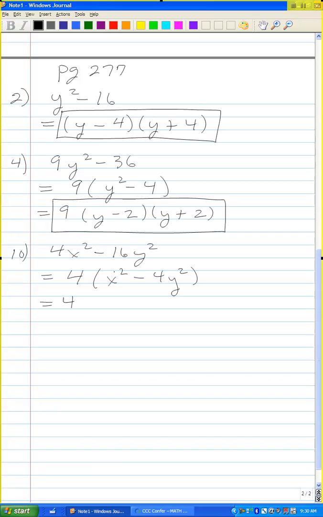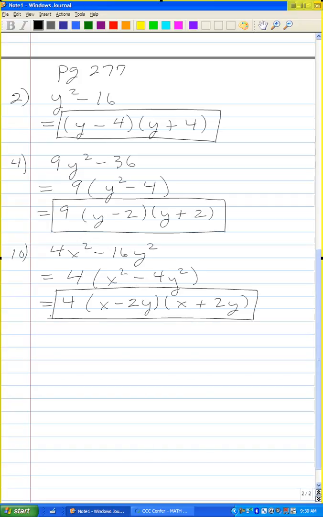And so I can write this as the difference of squares. The square root of x squared is x. The square root of 4y squared is 2y. Times, well, the same thing except change the minus to a plus. Let me do problem number 18.